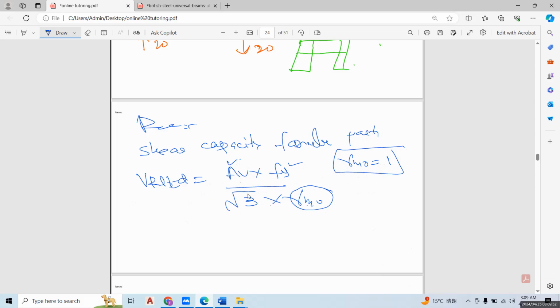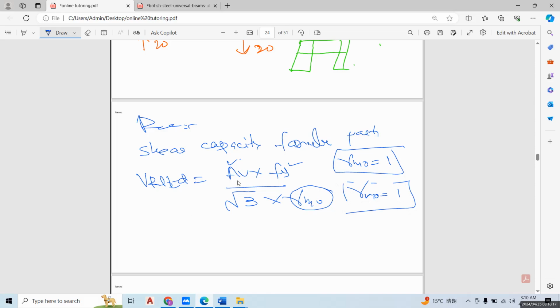It is the gamma factor, the partial factor of safety, and this one is equal to 1. I see. Okay.